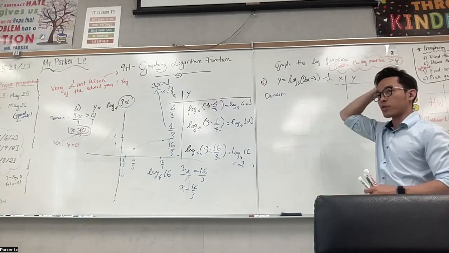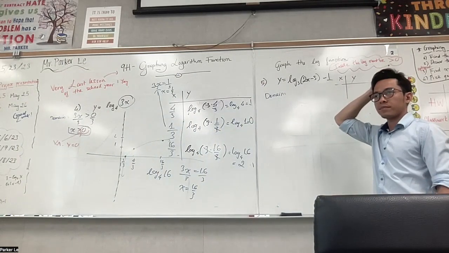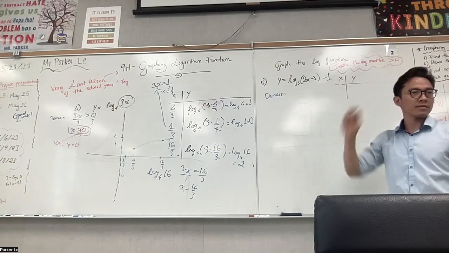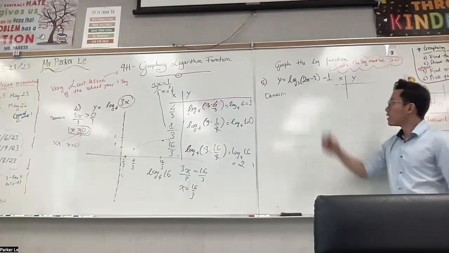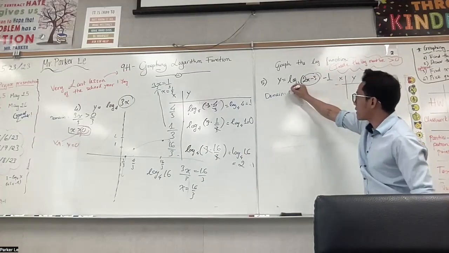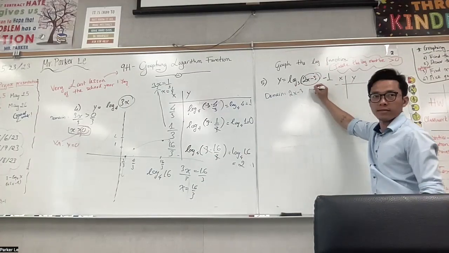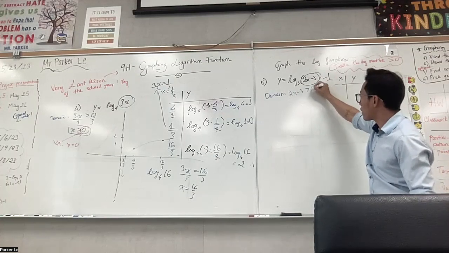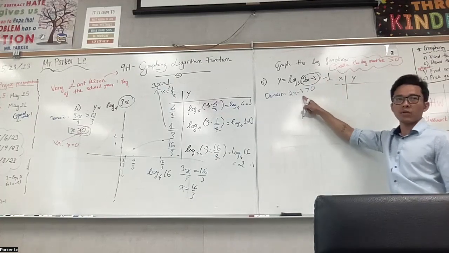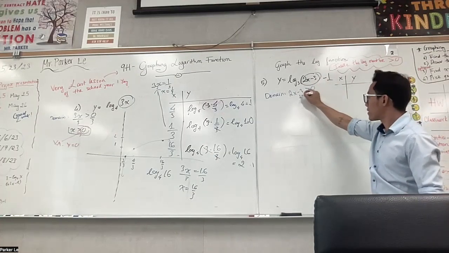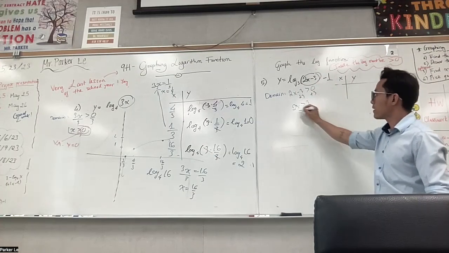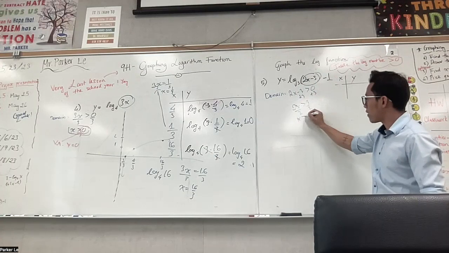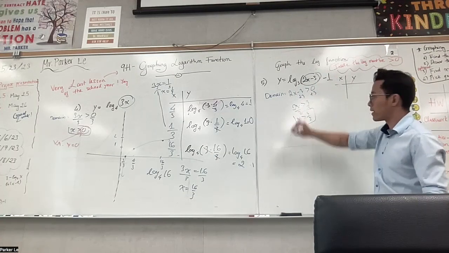What is inside the log? 2x minus 3. Very good. So I let it be greater than 0. Do you know how to solve this? What do I do first? Plus 3. Very good. So 2x larger than 3. What next? Divide by 2. So I have x larger than 3 over 2. So this is the remaining.